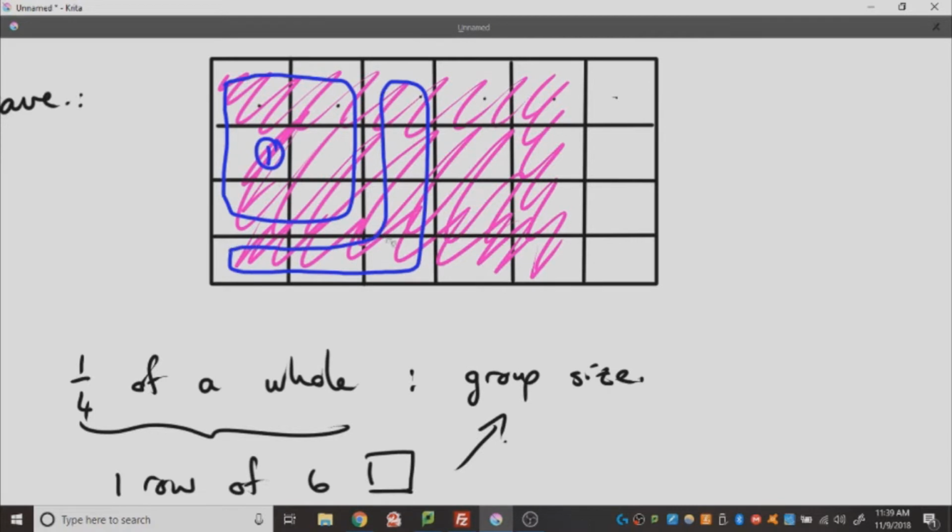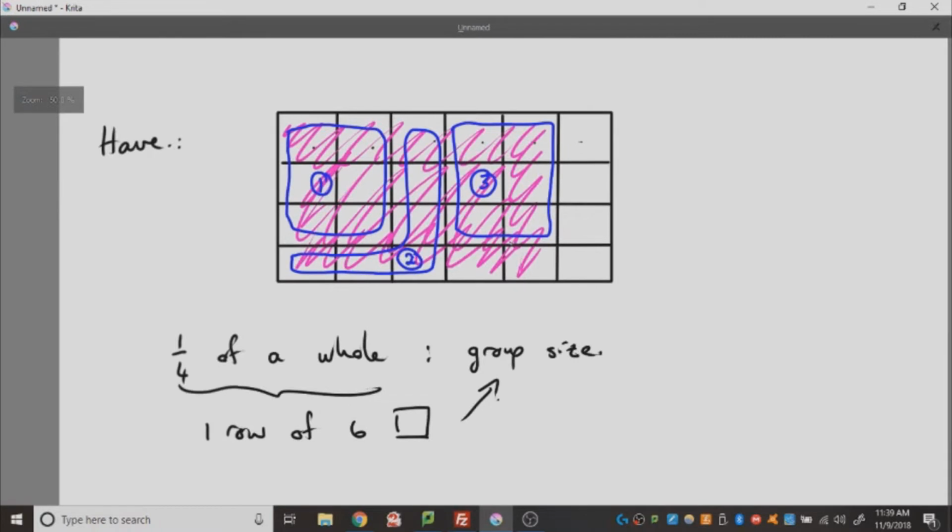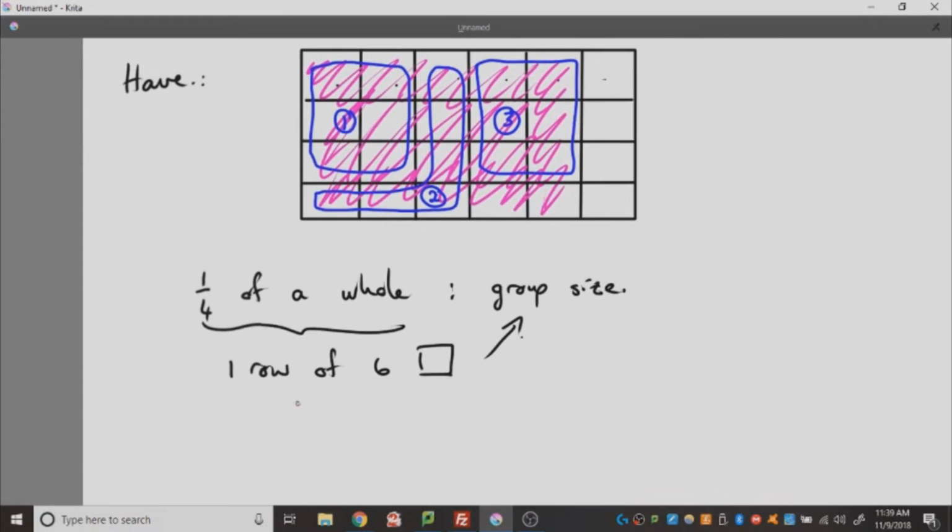That is another group. That's my second group. And I just fit it in whatever comes to mind first. There's a group of 6, giving me my third grouping, and I have some left over. So it doesn't matter exactly how you group them, as long as they are 6 at a time.